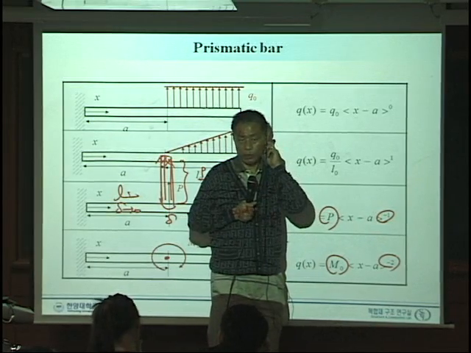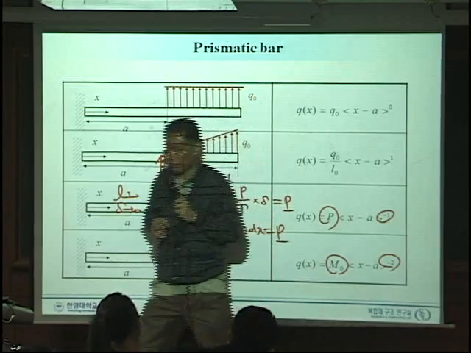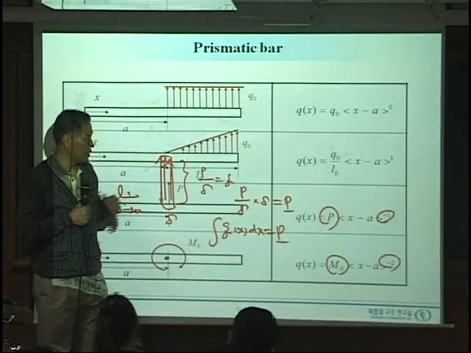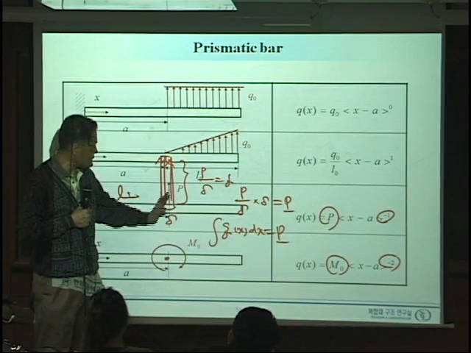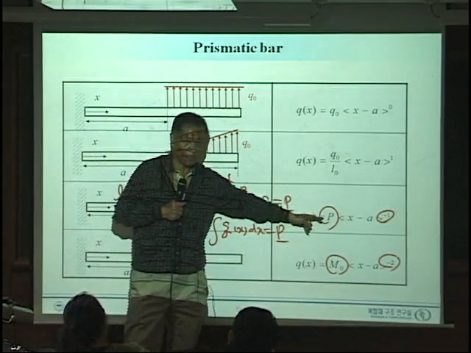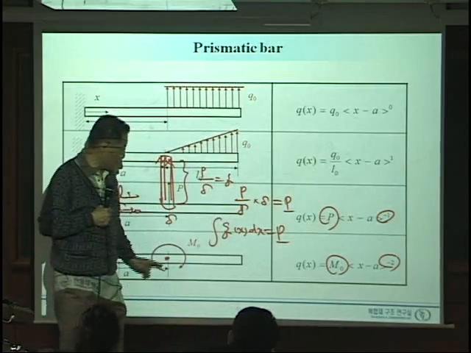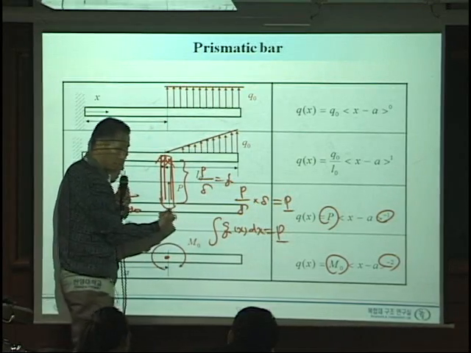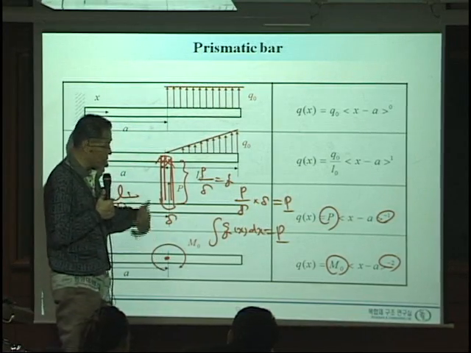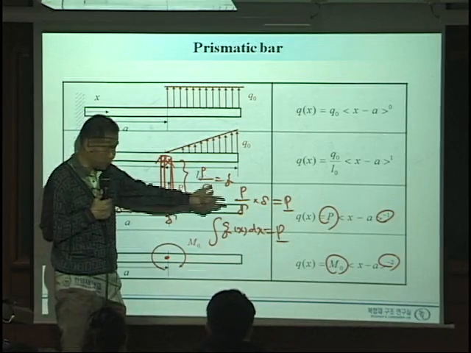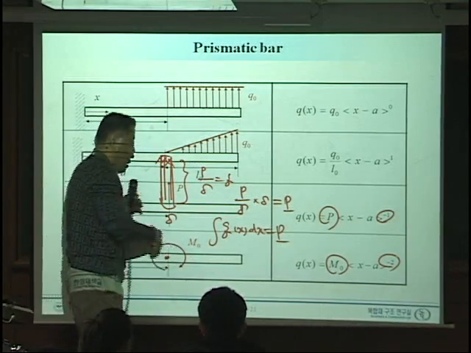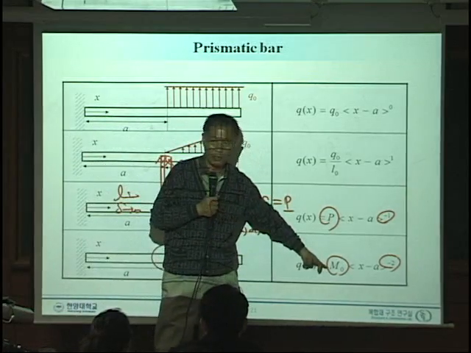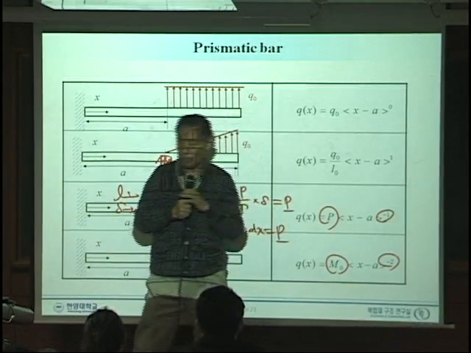That's all the rules you need to remember. And another point is that here the force P is upward, and this is the positive P. And the moment, usually this is positive, but here, by definition of this singularity function, this way the moment will be positive, just because of the definition.